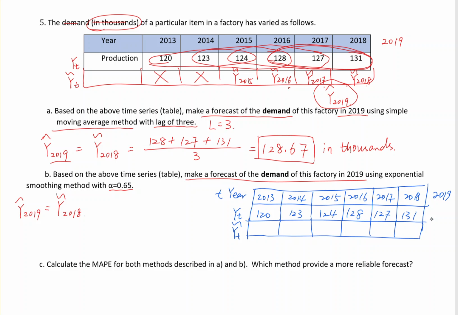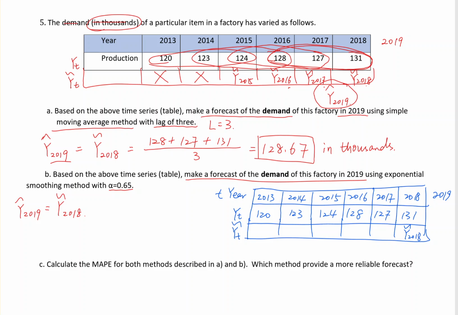To get the predicted value of 2019, you need the estimated value of 2018, right?